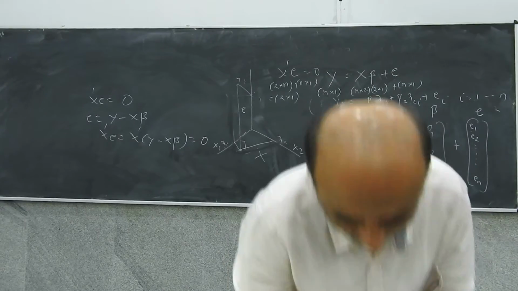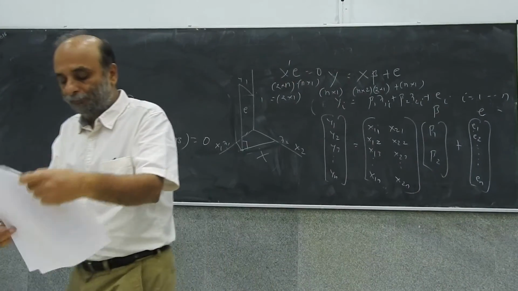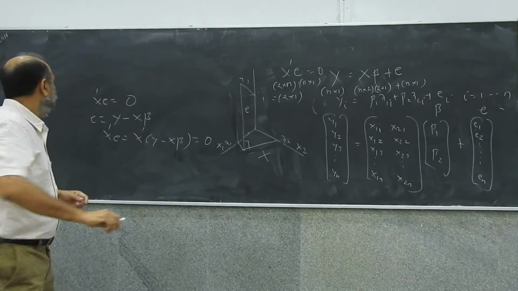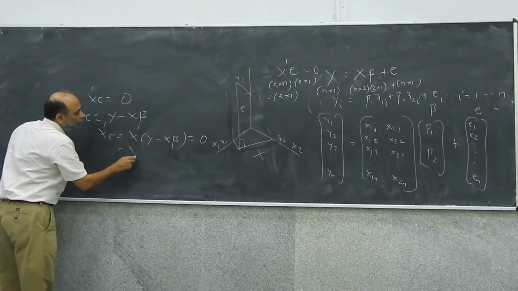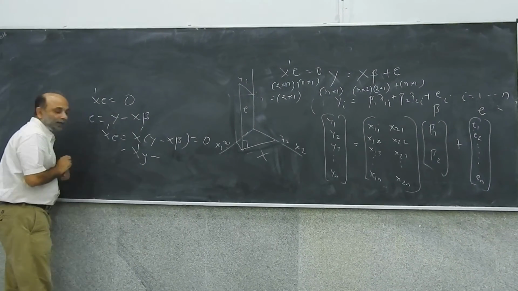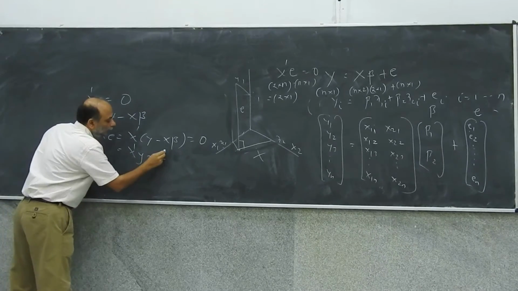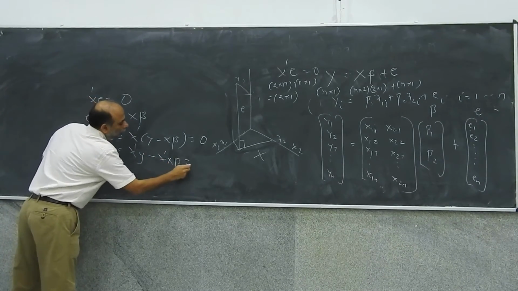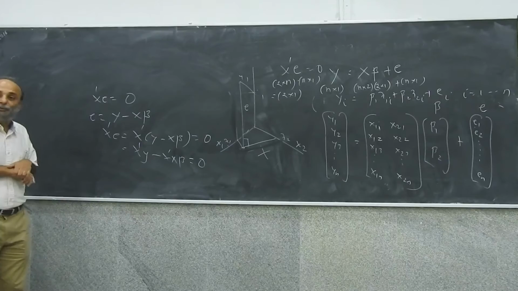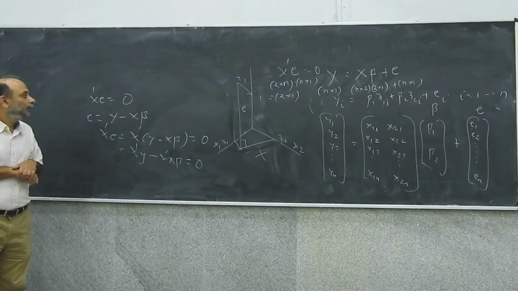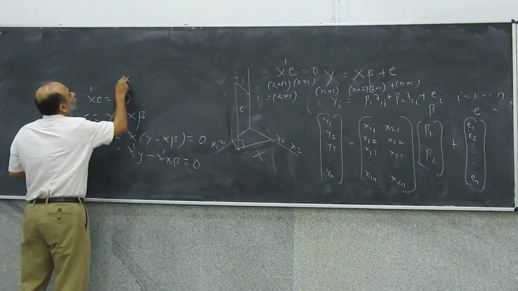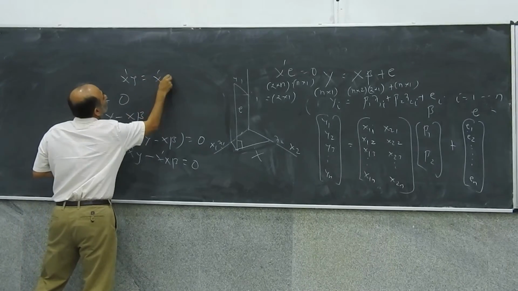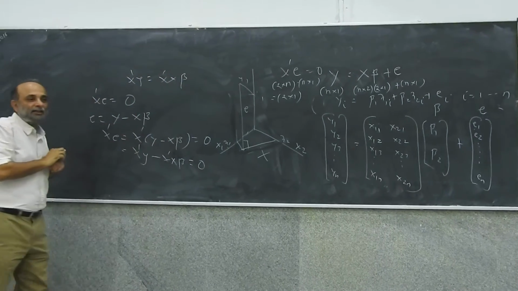Sure? Right? Okay. If you do this, what do you get? You get x dash y minus x dash x beta is equal to 0, or you get x dash y is x dash x beta.